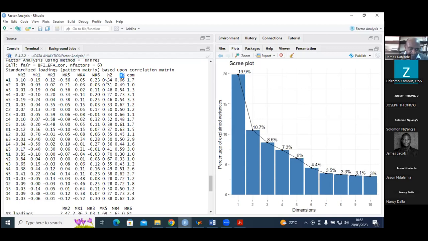So you can try to find the patterns. You look at the factor, for instance MR2, and try to look at which variables have a high loading on MR2. Those variables will be influenced by that factor. You do the same for the others. This one is not easy to see, but we'll try to illustrate this using a diagram in a minute.